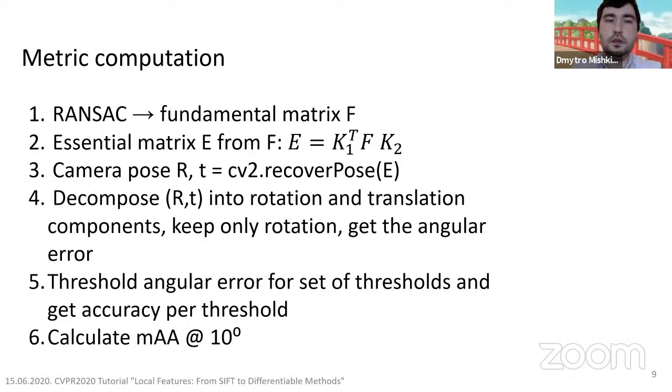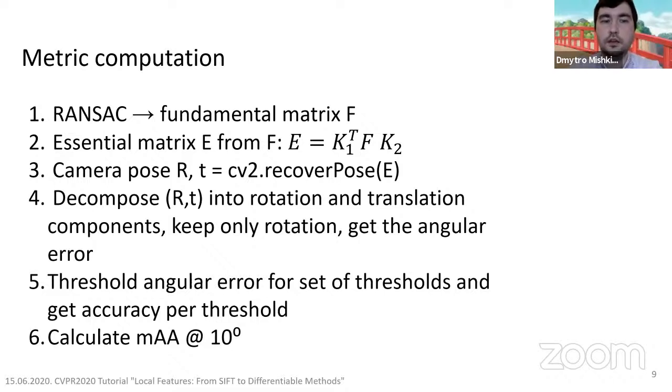So we estimate the fundamental matrix. Then, with known camera intrinsic parameters, we recover the essential matrix and decompose the camera pose into rotation and translation components. Because our reconstruction is scaleless, we have no idea if this Trevi Fountain is 2 meters or 2 kilometers, so everything is up to scale.